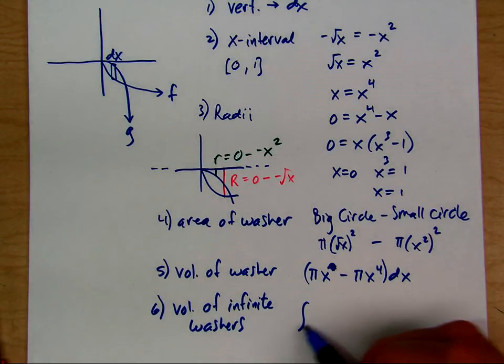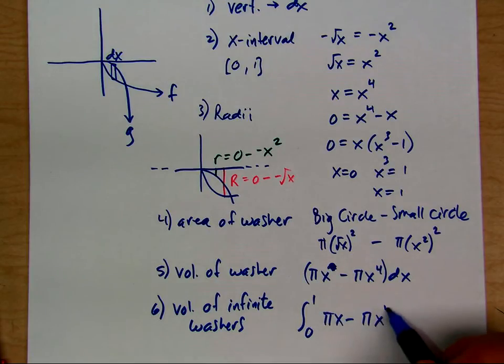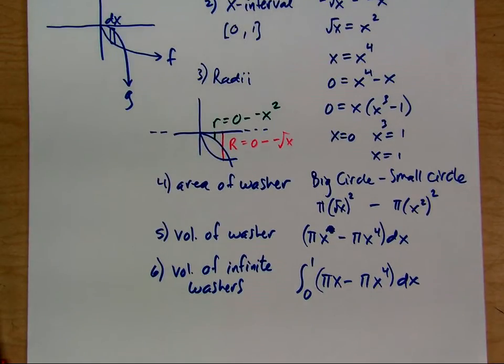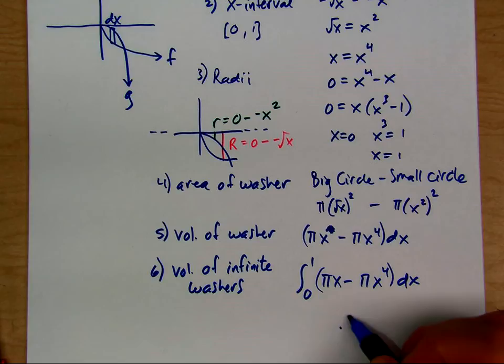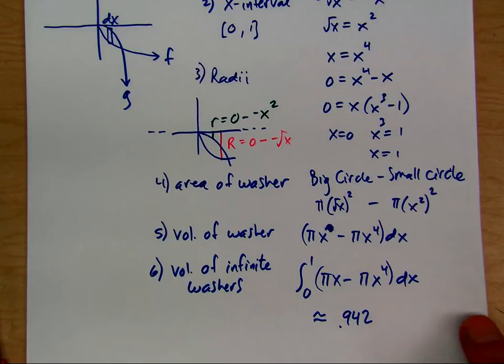and that's just going to be the integral over the interval from 0 to 1 of pi x minus pi x to the fourth dx, and that should give you 0.942 in volume.